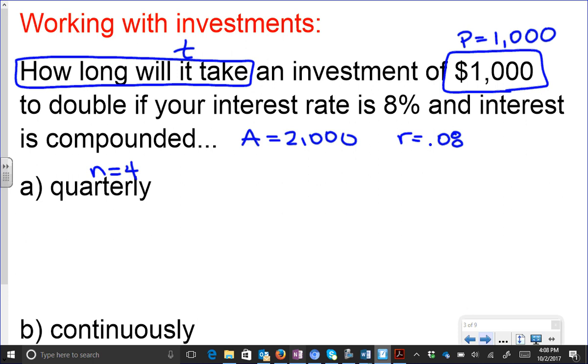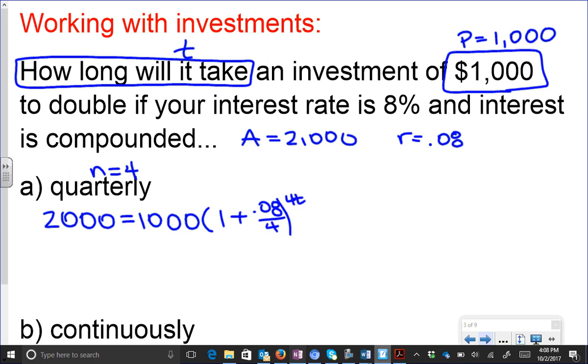So when we plug into our formula, we have 2,000 equals 1,000, that's our P, times 1 plus 0.08 divided by 4, raised to the 4t.